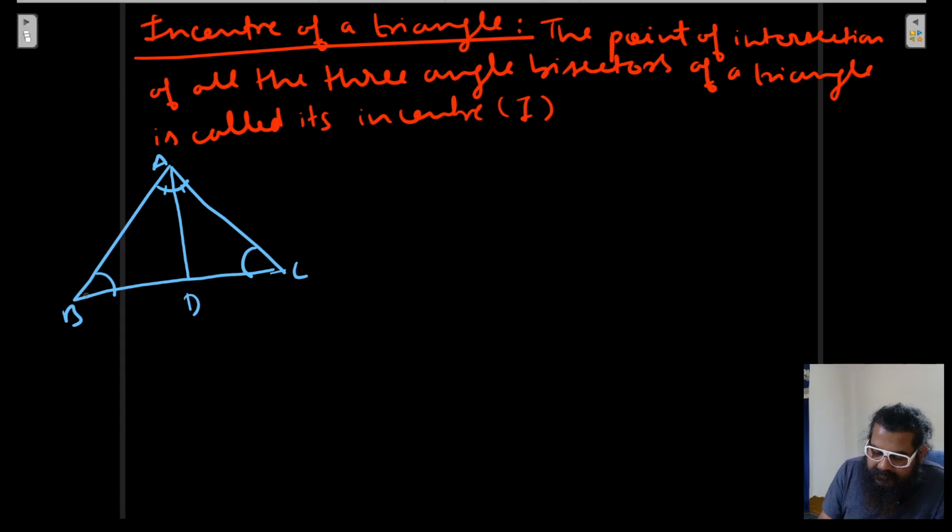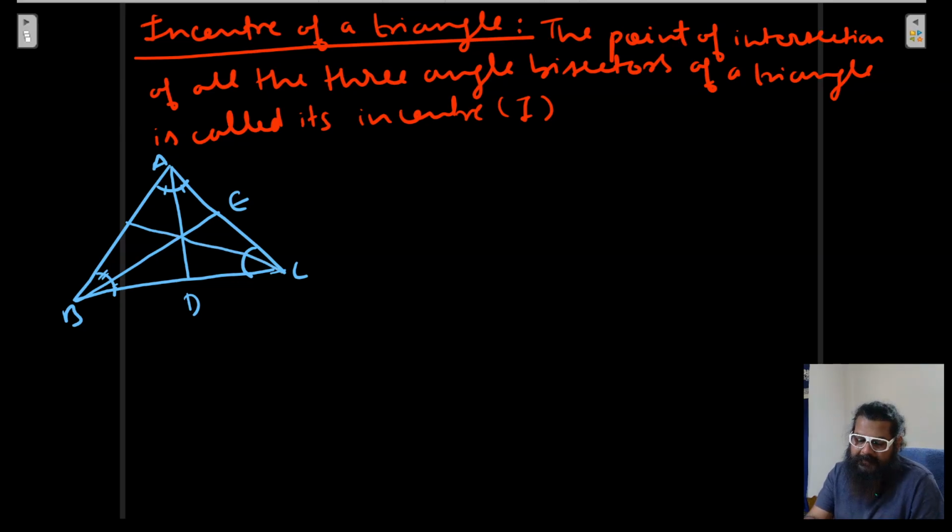Similarly, the bisector for angle B is suppose BE, so angle CBE is equal to angle ABE. And the third bisector is CF, so angle ACF is equal to angle BCF.